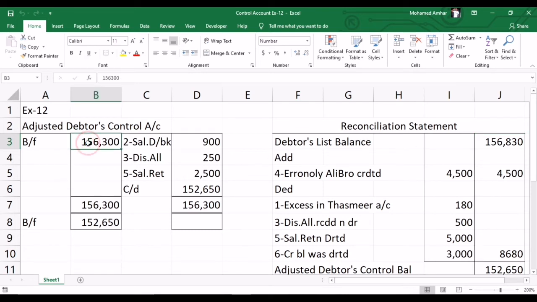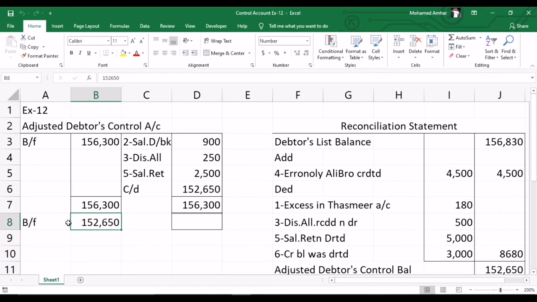Now this is given, so get the total and put the same total on the credit side. From this total deduct these three numbers and find the adjusted debtors control account balance. So the adjusted debtors control account balance is 152,650.